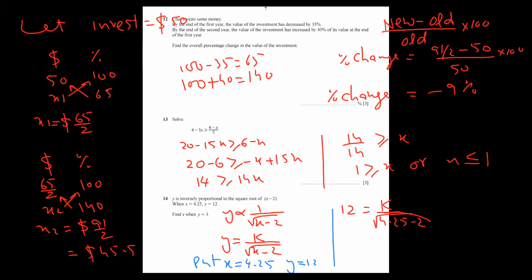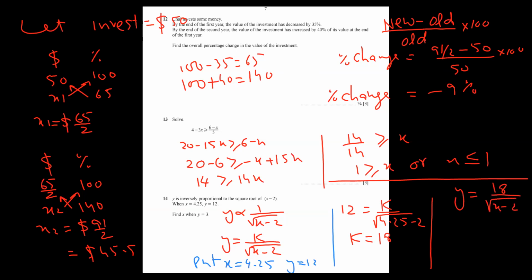So when I solve and cross multiply the 12, what answer am I getting? Let me check. 12 times 2 square root of 4.25 minus 2, and I get exactly 18. And this value 18, I'm going to plug back in the equation. So I got y is equal to 18 over root of x minus 2.